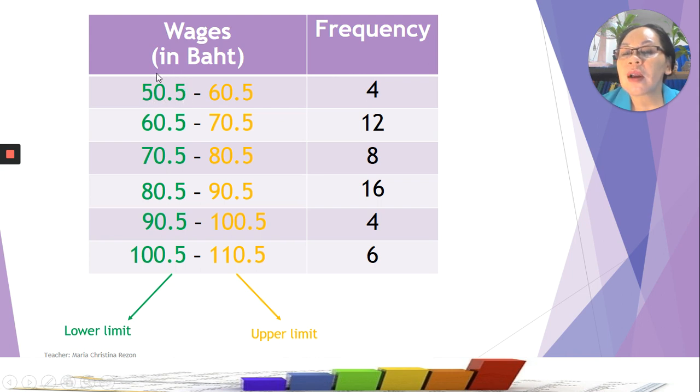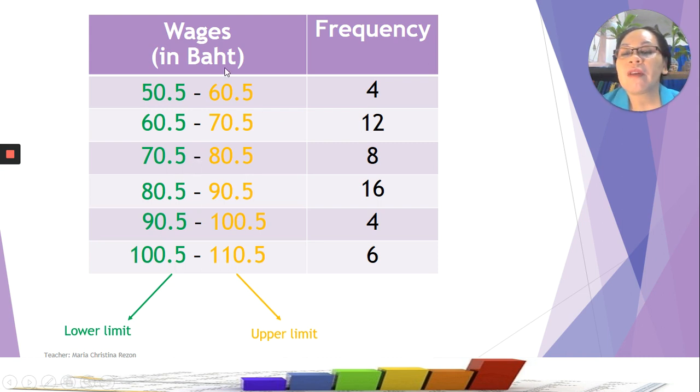We subtract 0.5 from 51, that becomes 50.5. And then for your upper limit now, you will have to add 0.5, so you will have 60.5. And then you do that to the rest of the class intervals.